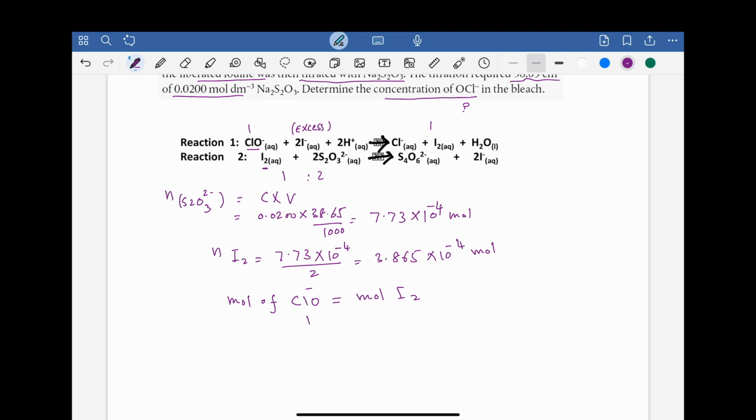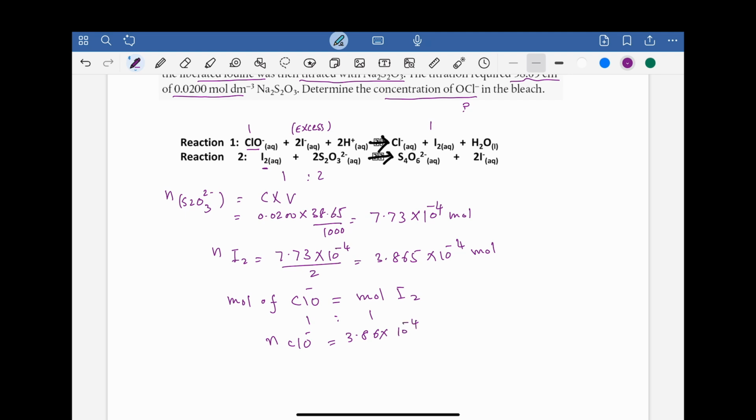So the ratio is 1:1, and n of ClO⁻ will be equal to 3.865 times 10 to the power minus 4.